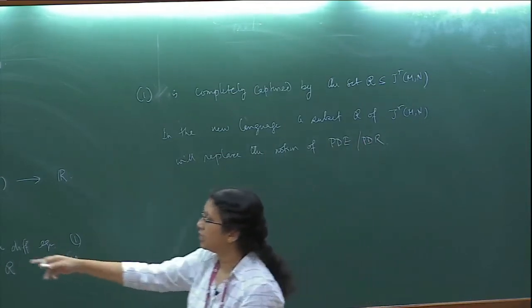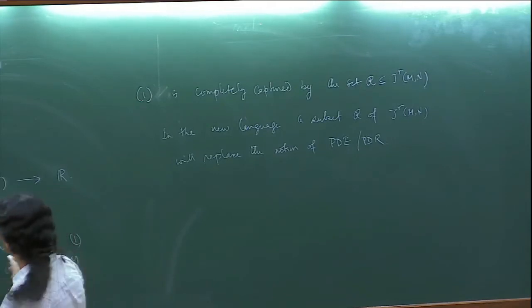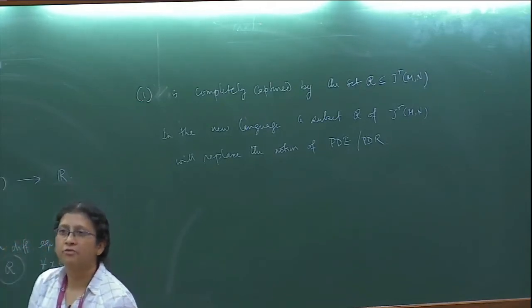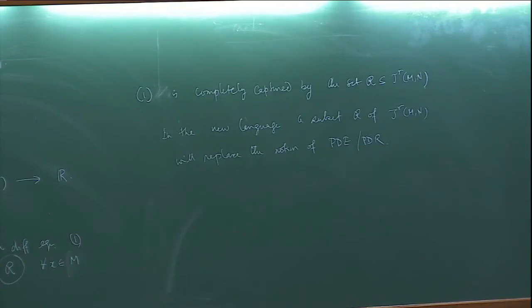This can be equality, this can be inequality, whatever. So an arbitrary subset will stand for a relation. This is the main change in that approach.